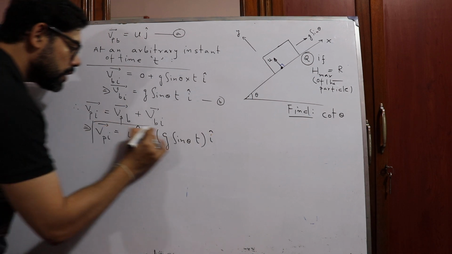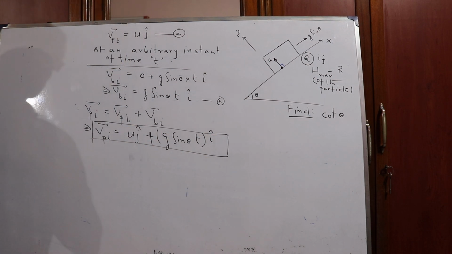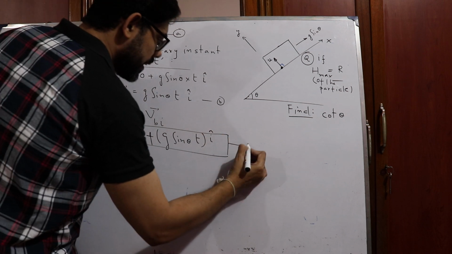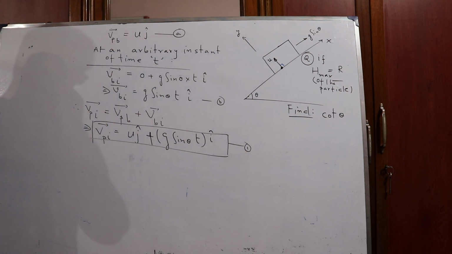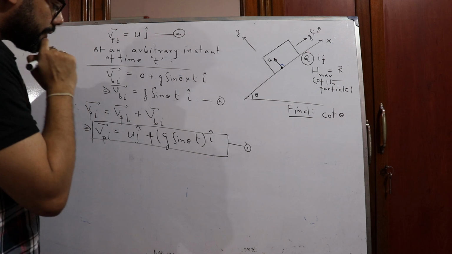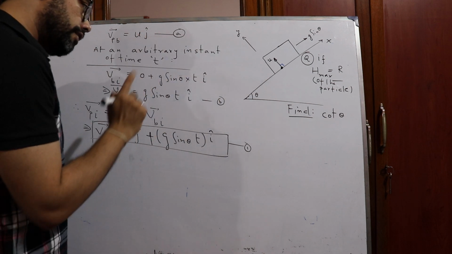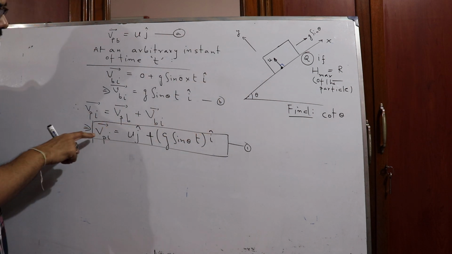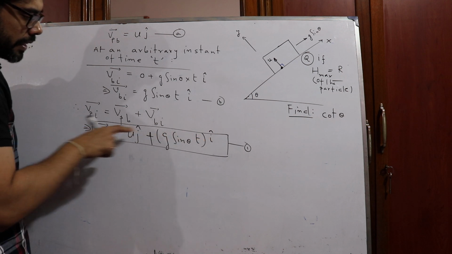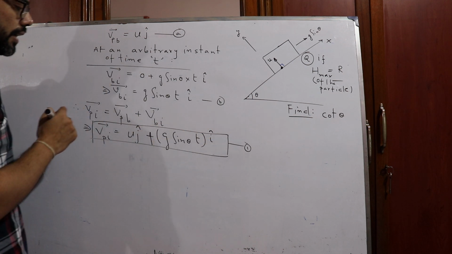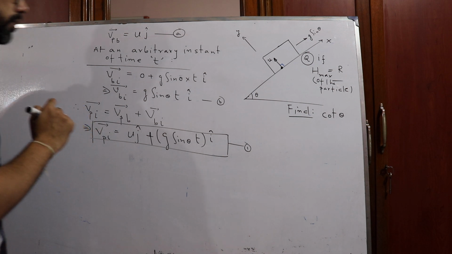So basically you have got this expression, which is a very important equation. If there is an observer who is sitting on the inclined plane, for that observer velocity of the particle is this. The x component is g sine theta into t and y component is u.